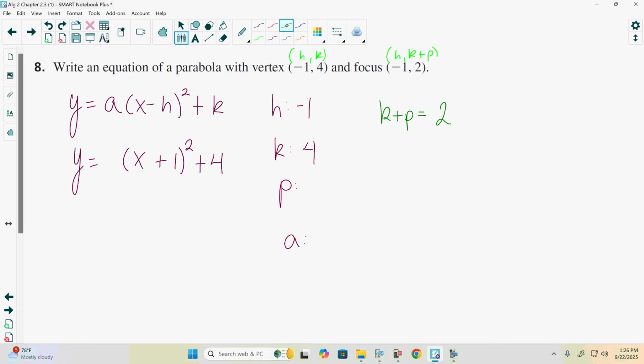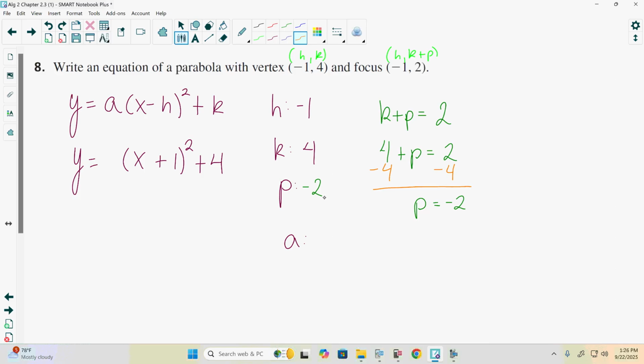Let's find p. Well, k we said is 4. So 4 plus p is equal to 2. We would subtract 4. 2 minus 4 is -2. As I said, p does not have to be a positive value here.